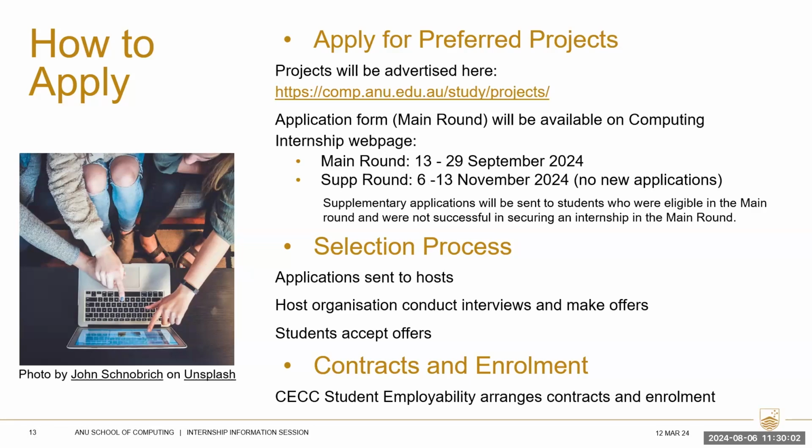They select who they're interested in, offer interviews, and then make offers. We don't tell them who to pick or anything like that; we just give them the applications. Then the students accept the offers, and after that, KEX student employability will help arrange contracts and the enrollment course.